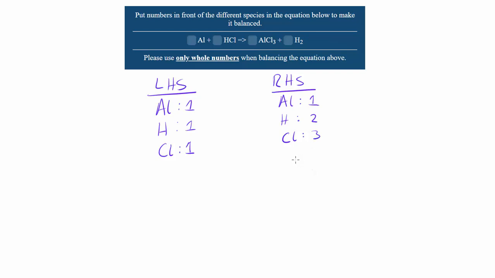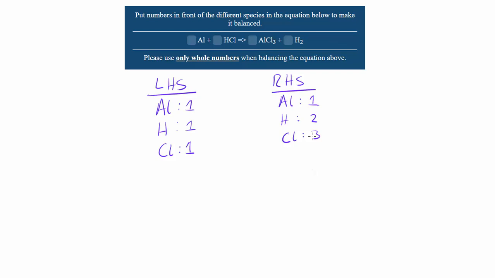And as you can see, at this stage the Als seem balanced, but we don't have an equal number of hydrogens, and we don't have an equal number of chlorines, so we can reasonably say that at the moment it's not balanced, right? We need these numbers to be the same regardless of what they happen to end up being, which is not the case.